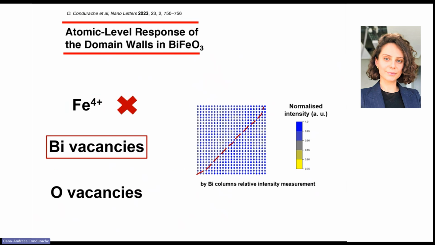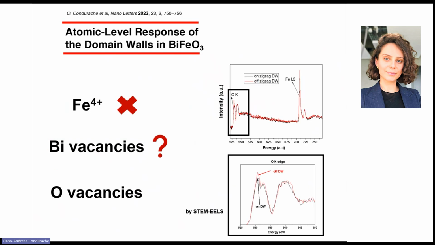In terms of bismuth vacancies, if any, we believe they do not segregate in high amount because we see no considerable intensity drop in the bismuth atomic columns. However, we consistently saw that we have a lower oxygen edge from EELS.